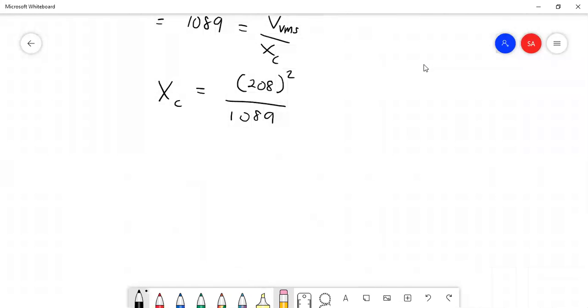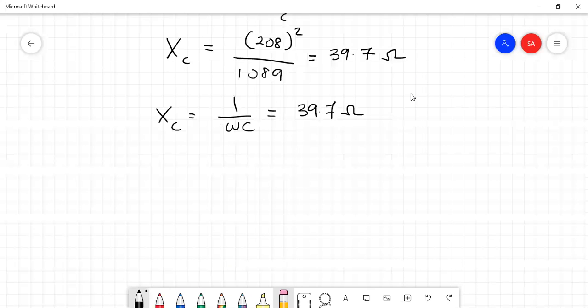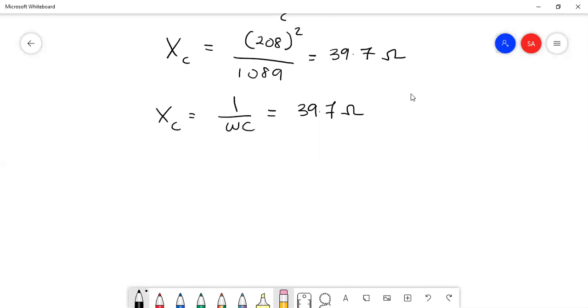This will give the answer of 39.7 ohm, and we know that XC is actually 1 over omega C, which is 39.7 ohm.